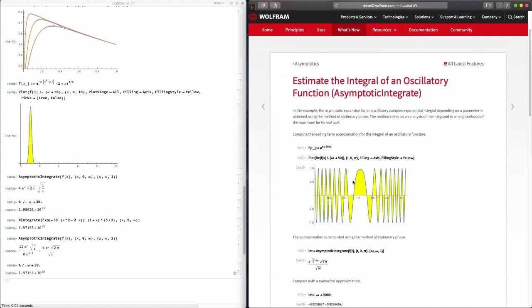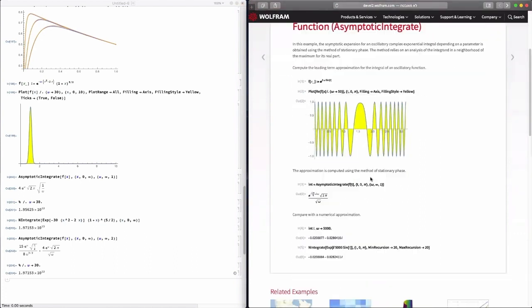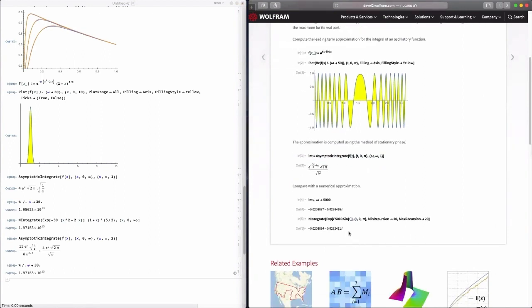If you're a physicist and you know about least action, and you get the main contribution to your Feynman path integral using stationary phase, this is exactly that idea. So we do again an asymptotic integrate of our integral over the interval 0 to pi. Omega is very large, and we ask for one term, and we get excellent agreement with just doing numerical integration.